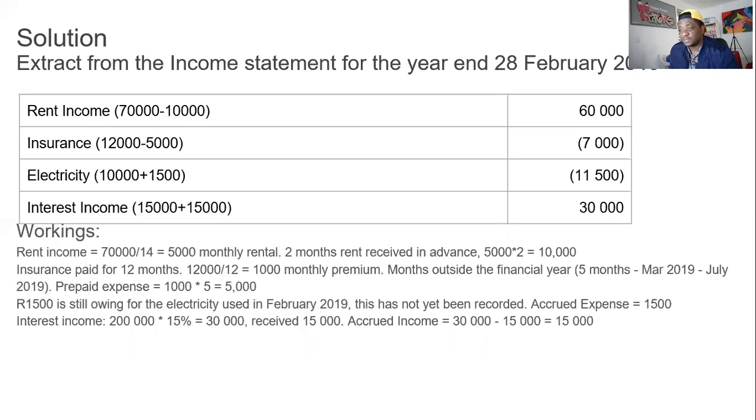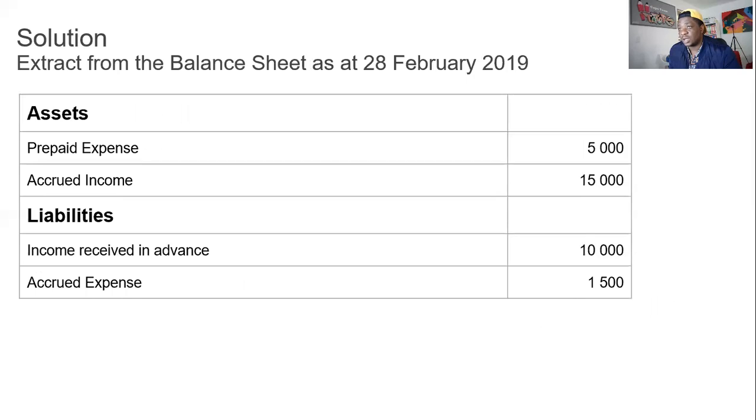So we received 15,000. We were supposed to receive 30,000 for the year. So the amount that is still receivable, in other words accrued, is 15,000. We have to add the accrued income, so 15,000 plus 15,000 gives us an interest income of 30,000.